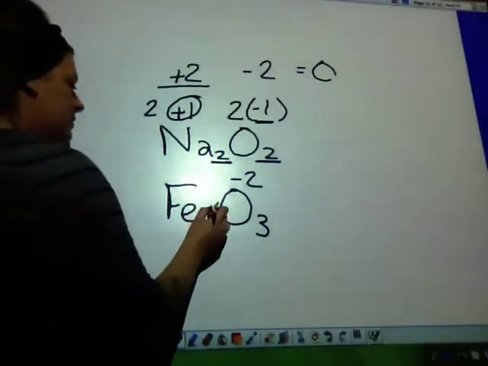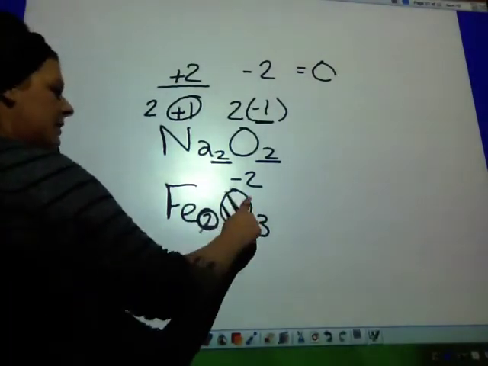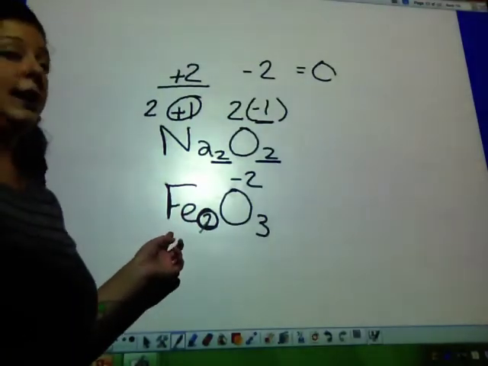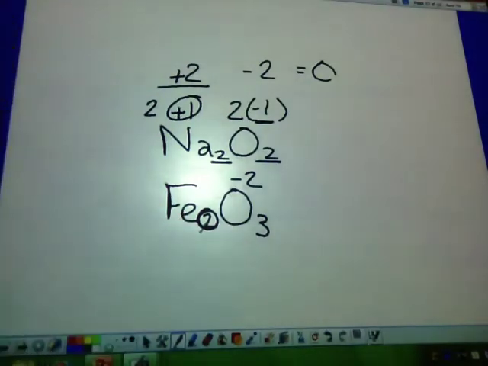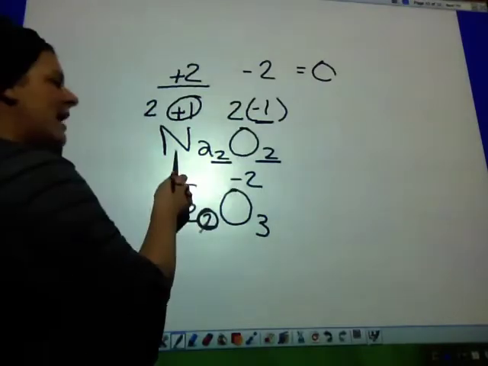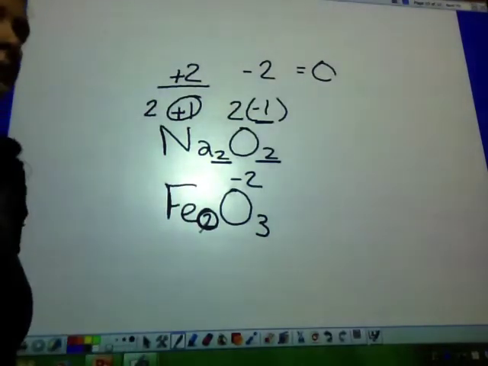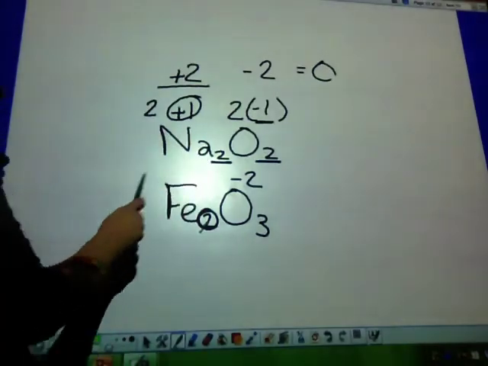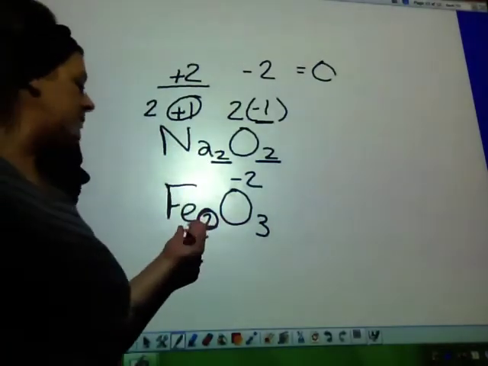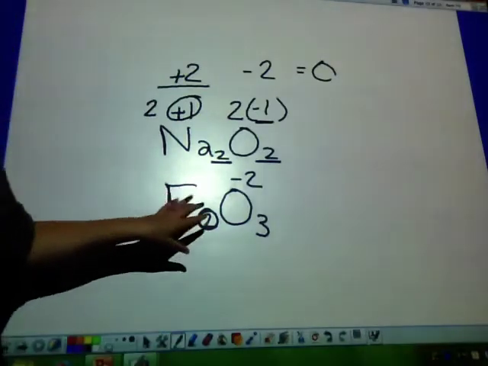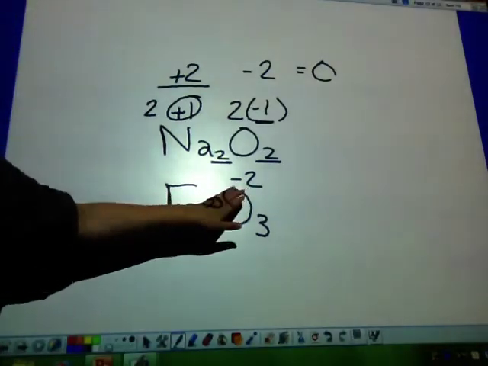So oxygen I can say has a -2 because I don't have a rule for iron, but I know oxygen is usually that -2 charge. If oxygen is paired with something that I know a rule for, like sodium, sodium's always a +1, then I'm going to start with my sodium first. But if oxygen is paired with something that I don't have a specific rule for with no exceptions, then I'm going to start with oxygen being that -2.